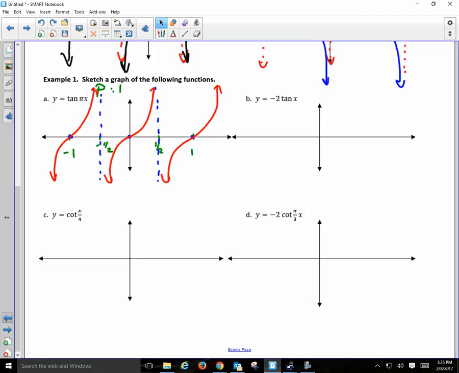How about the next one? What's the period? Very good, it's pi. Divide it in half, I get pi over 2 and negative pi over 2. Again, tangent is equal to 0 at the period.